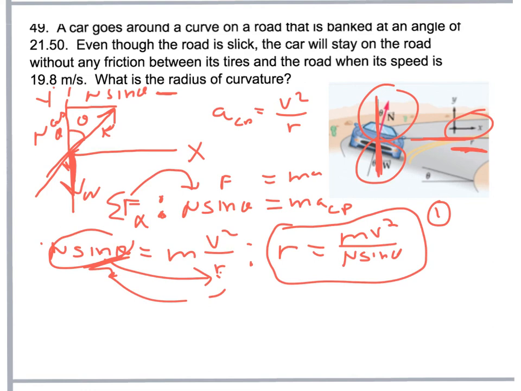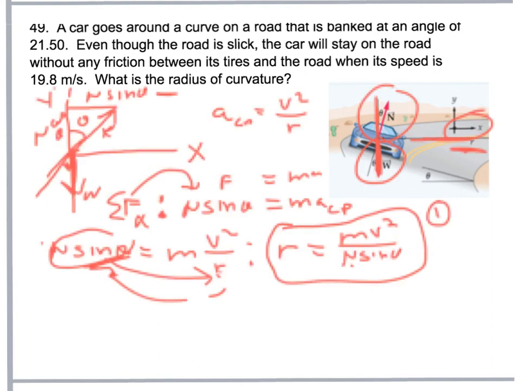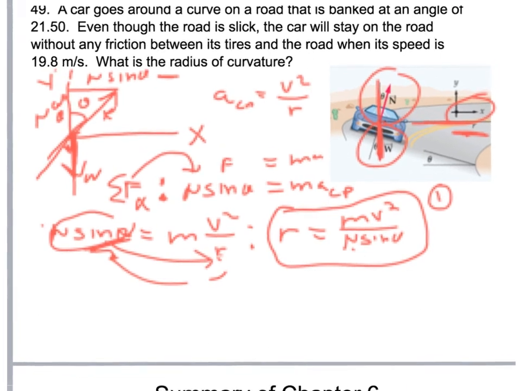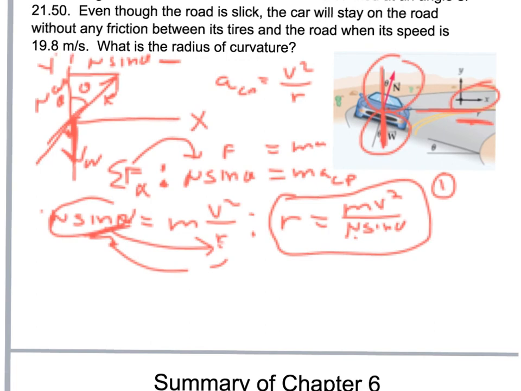But we'll need our f sub y in order to solve for some other parameters like the value of n. So let's go ahead and set up our f sub y equations. Our summation of the forces in the y direction is going to be our n cosine theta.